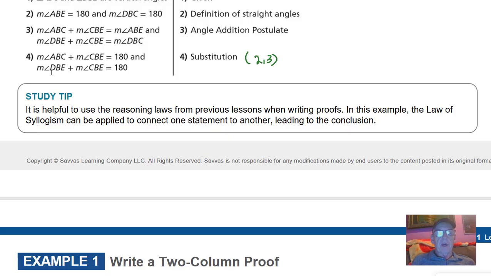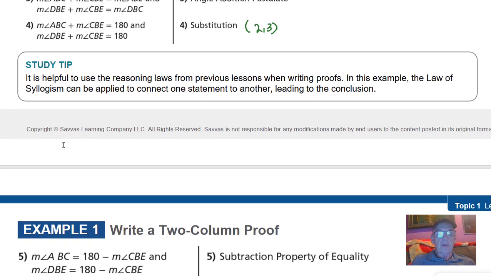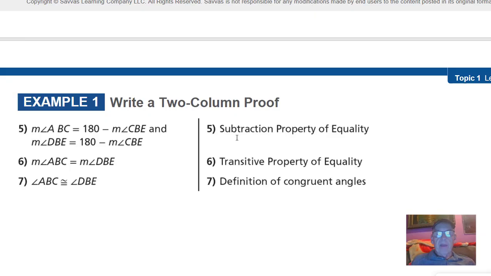And they're going to do the same thing for the DBE, CBE part. They're going to take CBE away from both sides. So the measure of DBE is going to be 180 minus the measure of CBE. And that's the subtraction property of equality. You're taking away the same thing from both sides. You're taking the measure of CBE away from both sides. Subtraction property of equality.